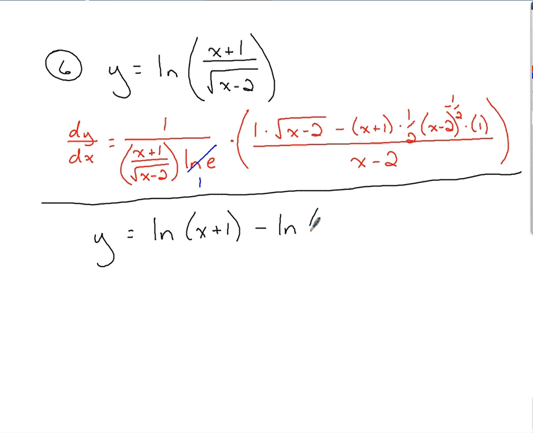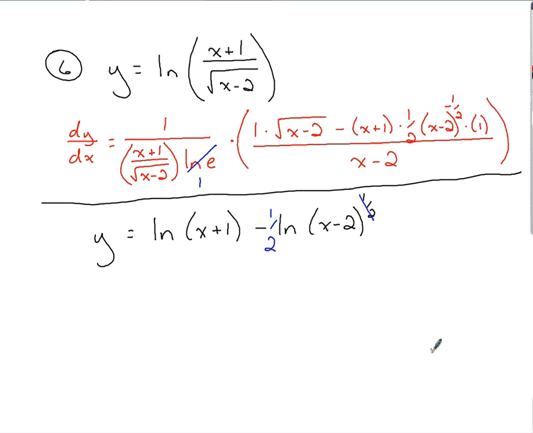That bottom piece having a root, I'll write as x minus 2 raised to the 1/2. Now we talked about this on the previous problem. If you're taking the log of some value raised to a power, you can take that power, you can bring it down.